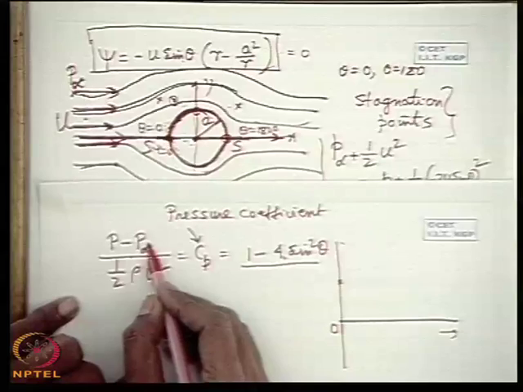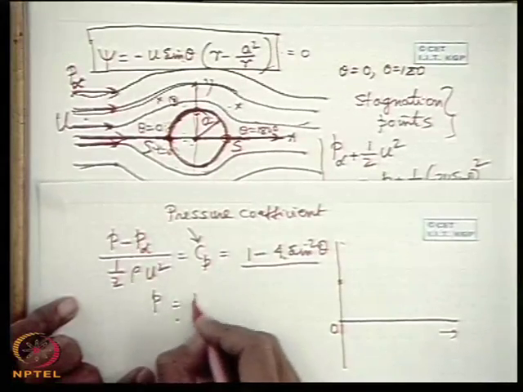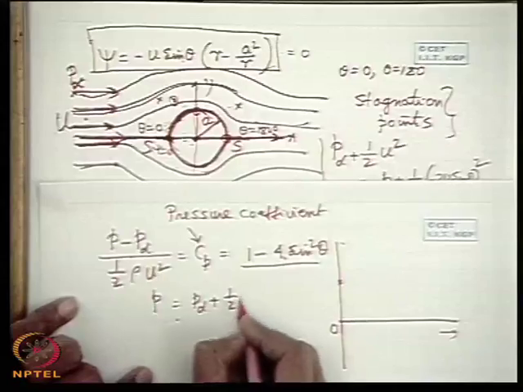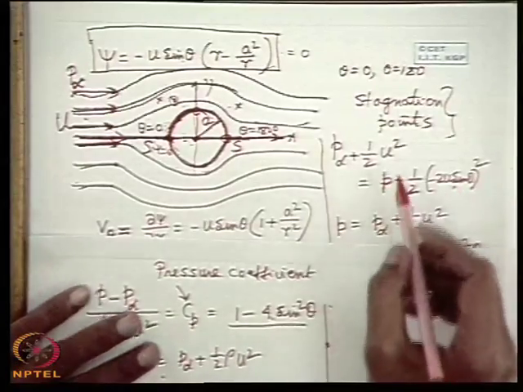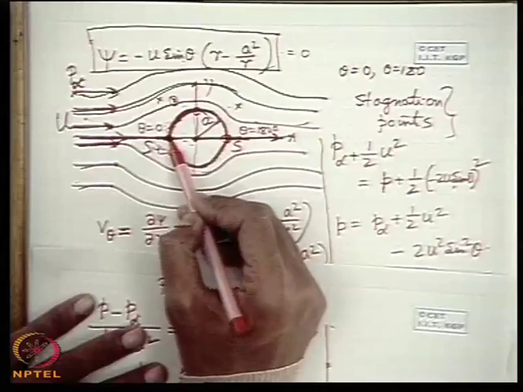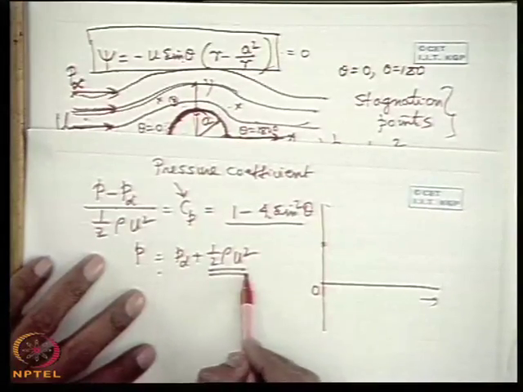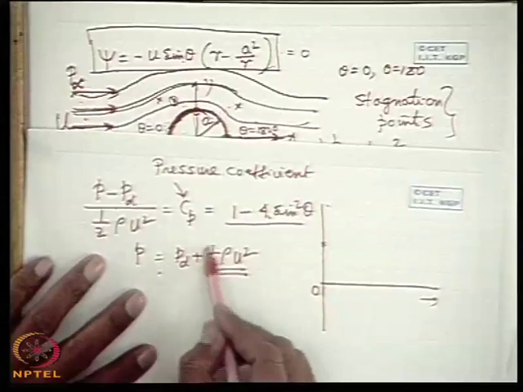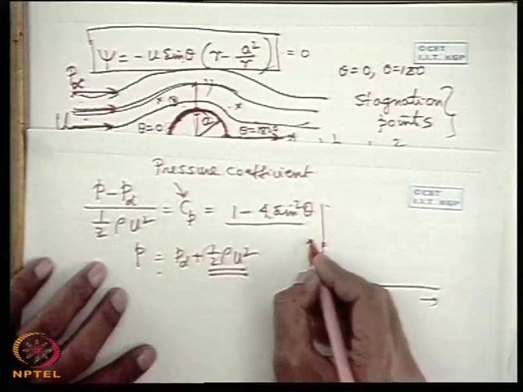That means P is P infinity plus half rho u square, so this is the stagnation pressure. Here the velocity is 0, so the pressure here is the stagnation pressure. That means the dynamic head of the free stream parallel flow is converted into pressure. So this is the stagnation pressure, and Cp is 1 here.